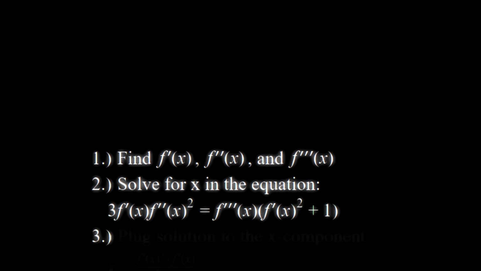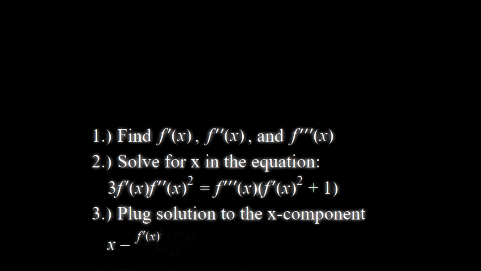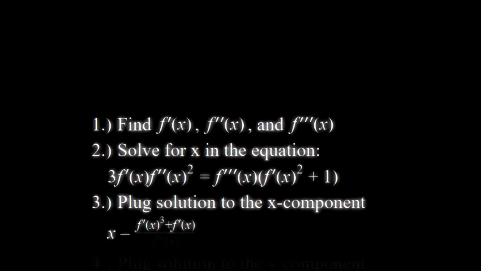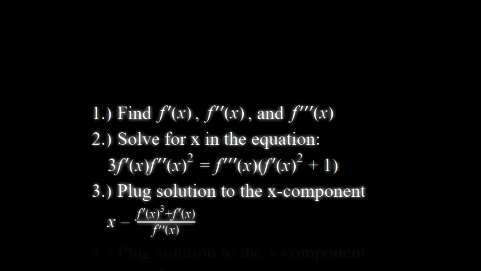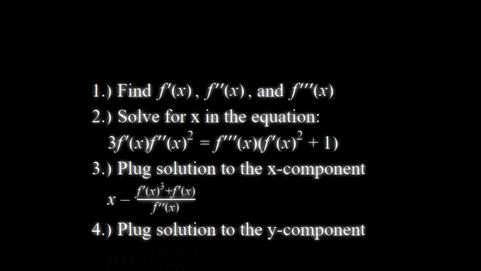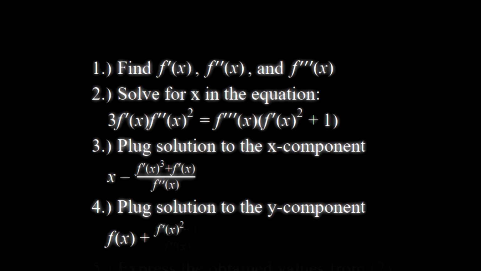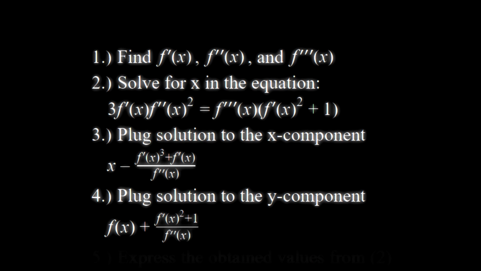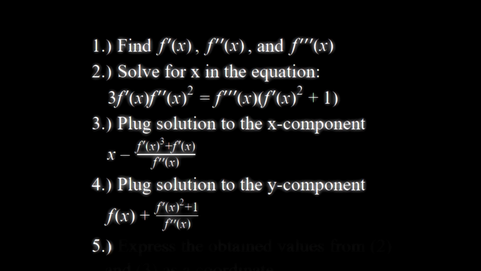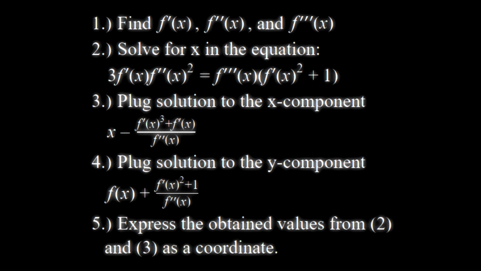Number 3, plug the solution to the x component: x minus f prime x cubed plus f prime x, all over f prime prime x. Number 4, plug the solution to the y component, which is f of x plus f prime x squared plus 1 all over f prime prime x. 5, express the obtained values from 3 and 4 as a coordinate.